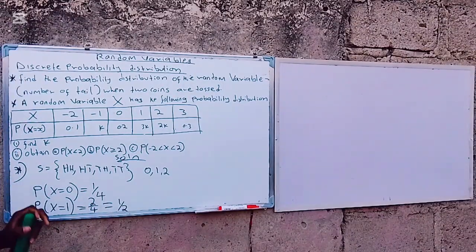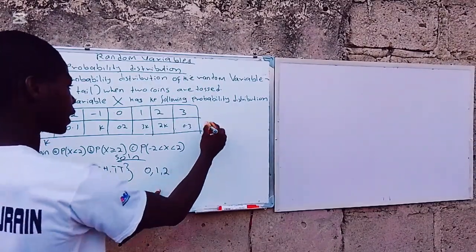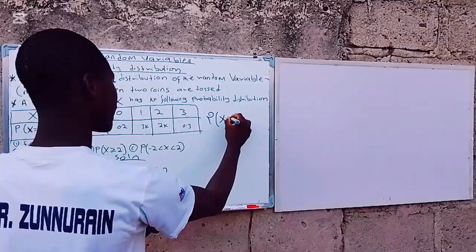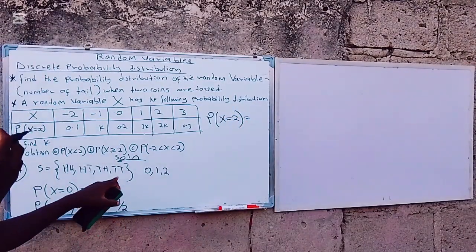So this should be equal to 1 over 2. The next thing is that I have to take a look at the probability of x equals 2. What is the probability of getting this?